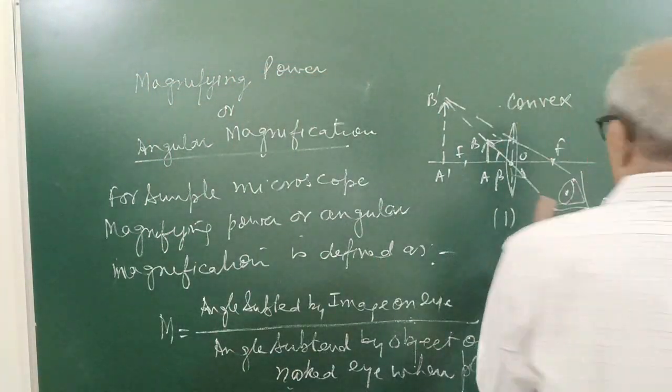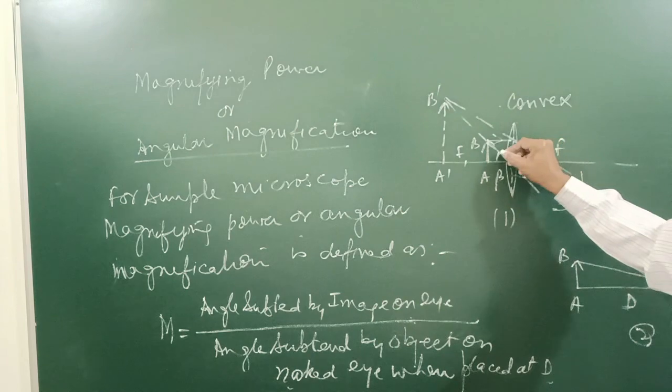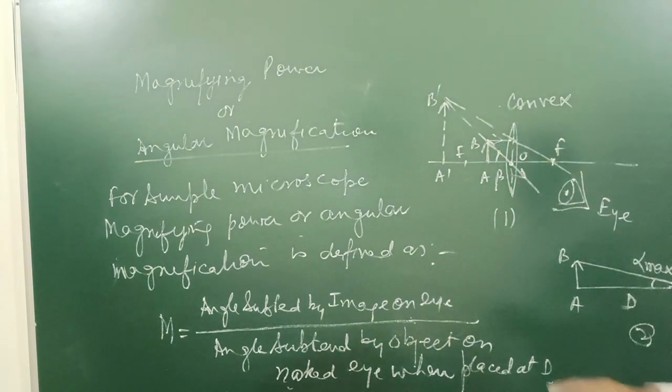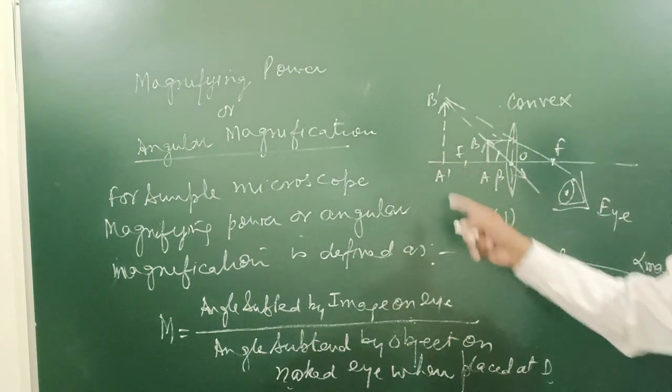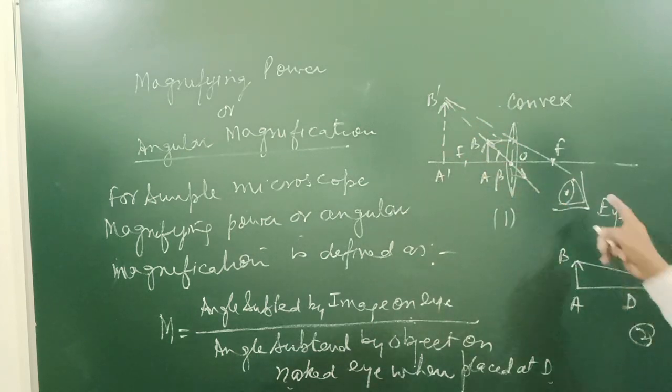Actually, our eye is looking through the lens, and this beta here is the angle subtended by image A dash B dash on the eye.